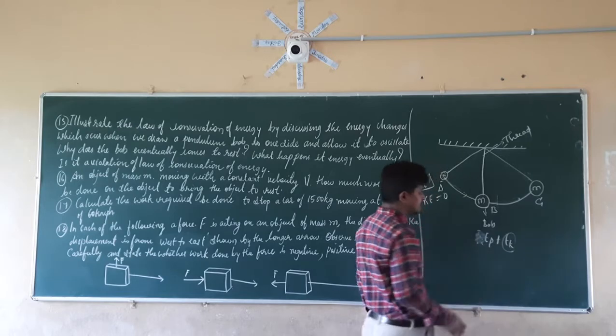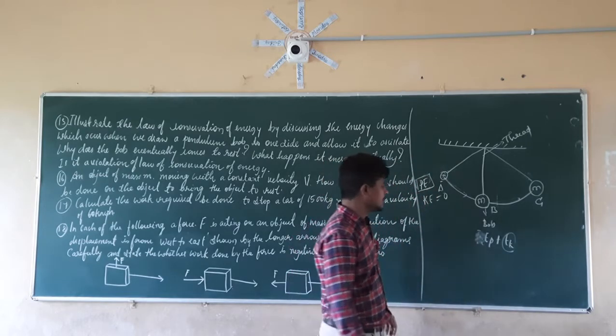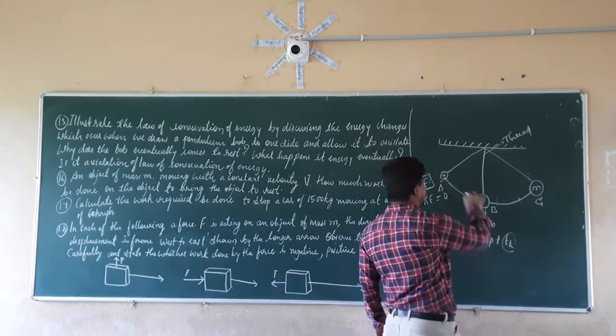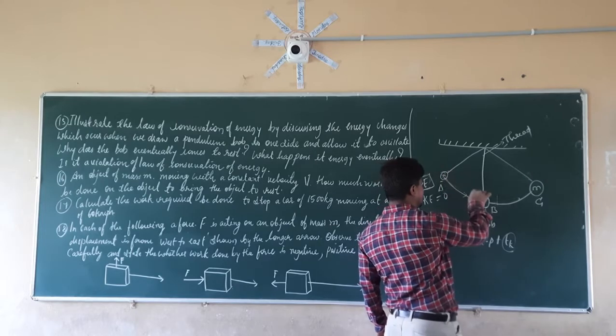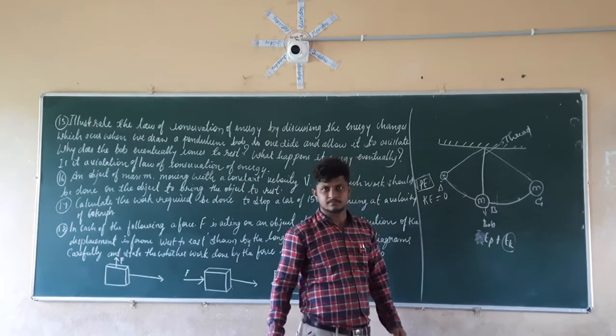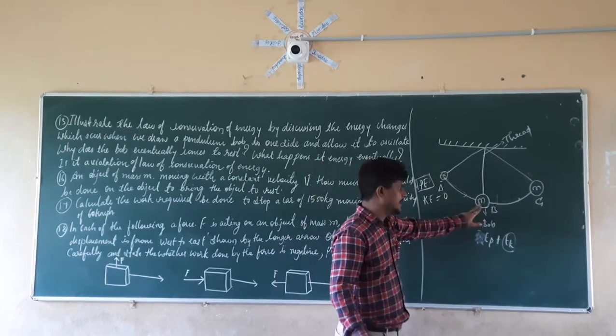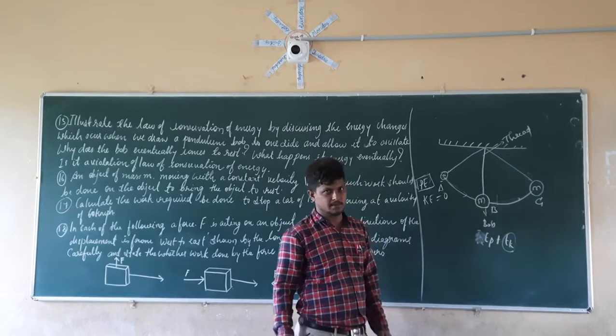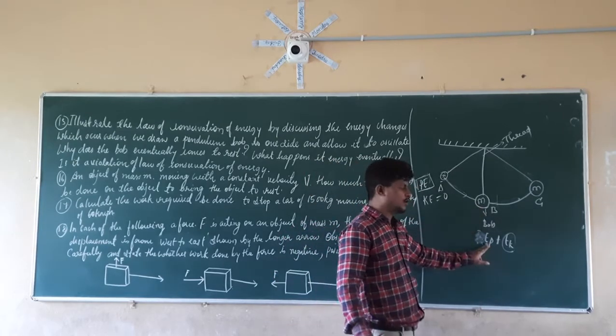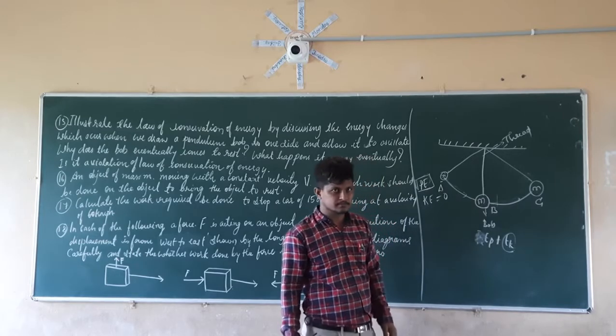Where does that kinetic energy come from? It comes from the potential energy lost while traveling from this point to this point. Here the kinetic energy will be maximum and the potential energy will be minimum.